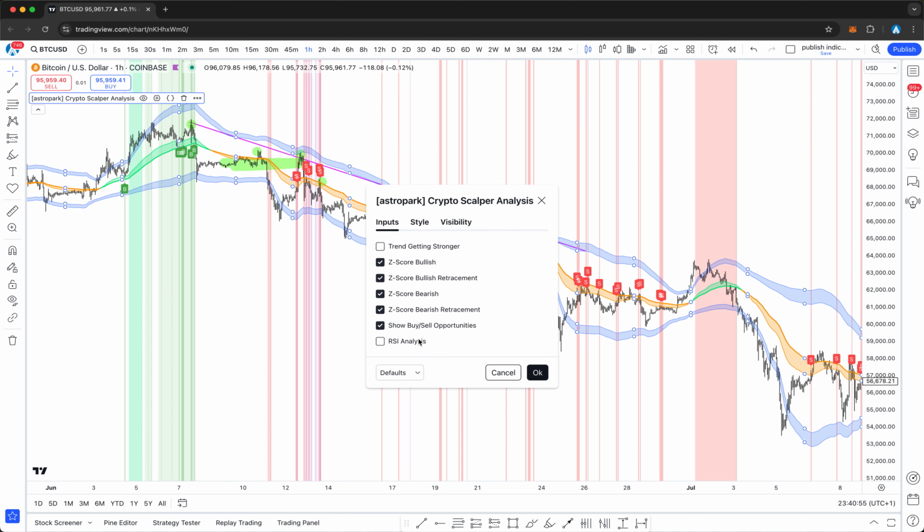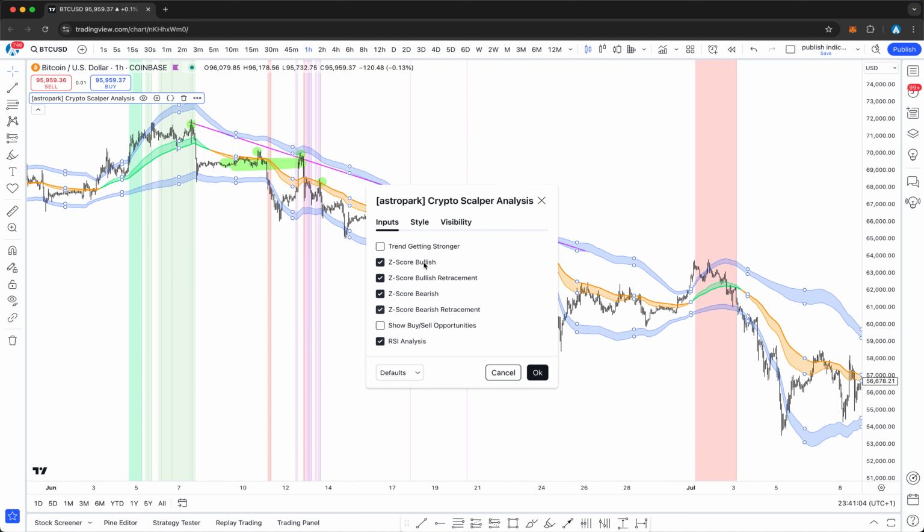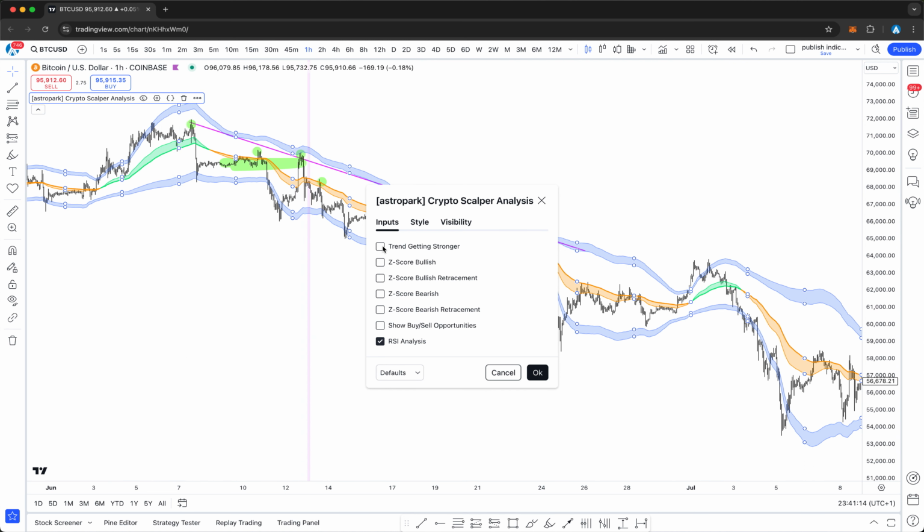I didn't talk about this RSI analysis. Let's try to talk a little bit about it. And let's remove this. Maybe it could be good to have this.